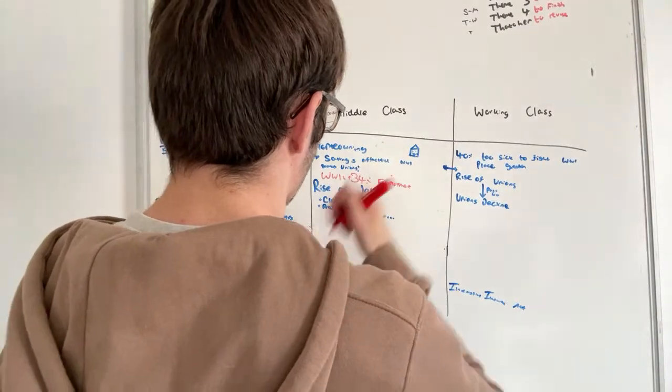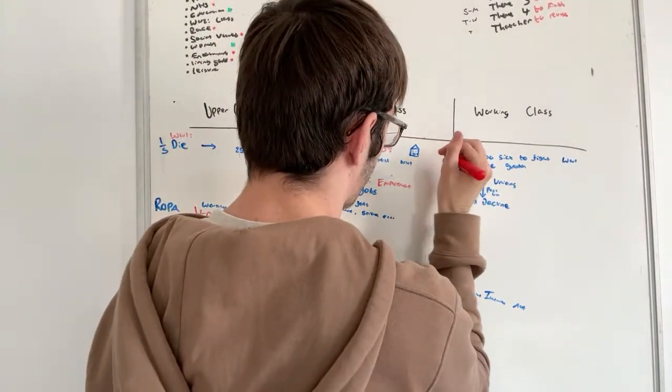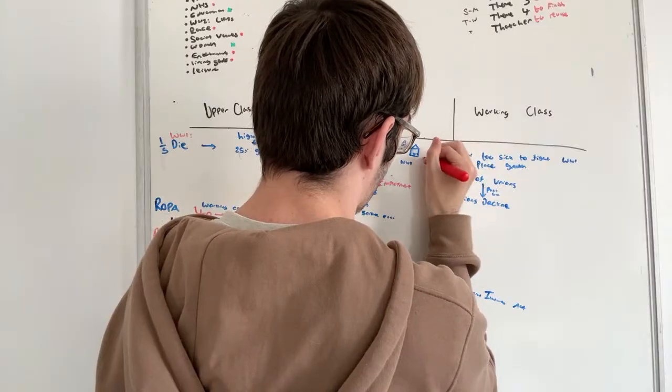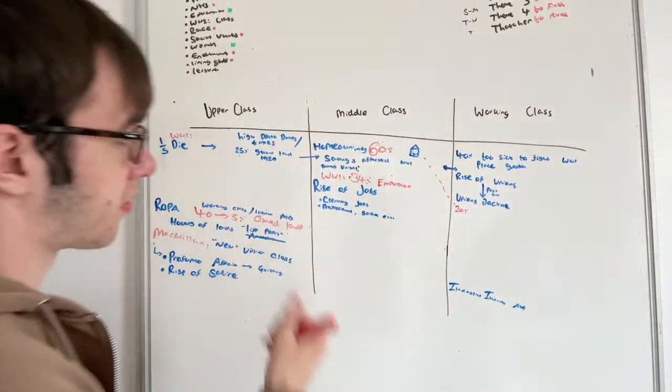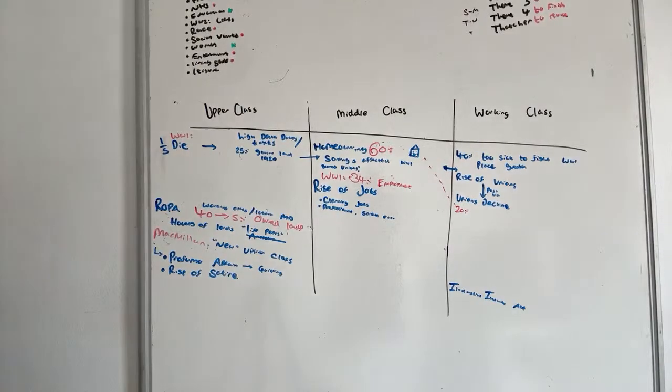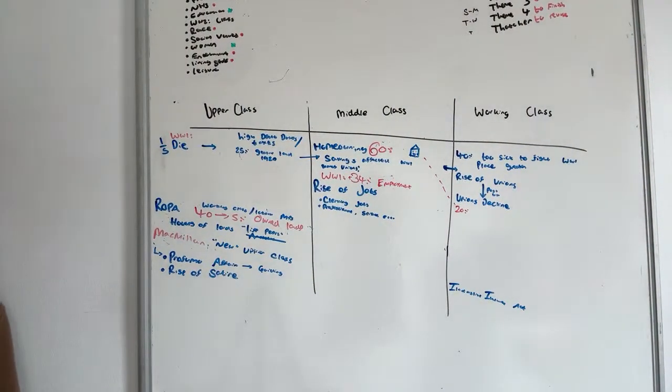So that is 60% compared with 20% of lower class. That's all for middle class. Working class, 31% could not fight due to being too sickly.